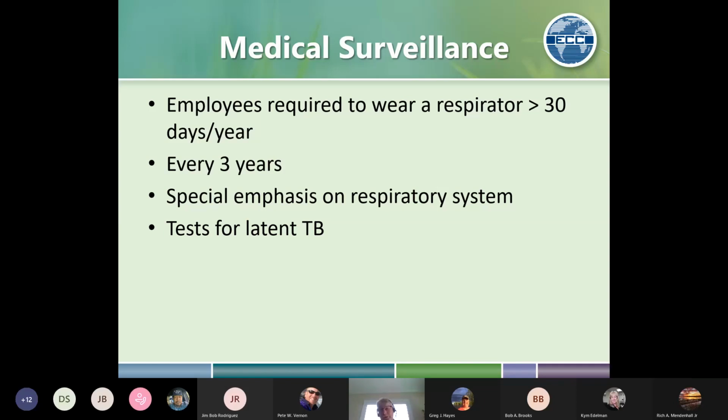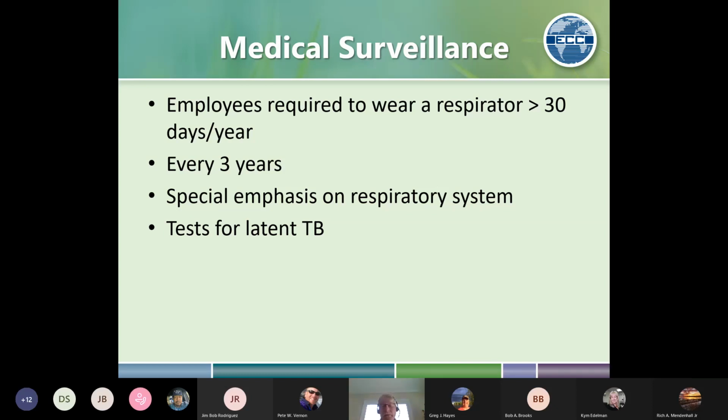So every 3 years is probably good enough to catch it at early stages, unless you get involved in one of those things I talked about earlier, like using silica flour where you can have massive exposures. But for the normal construction type exposures, every 3 years would be sufficient.